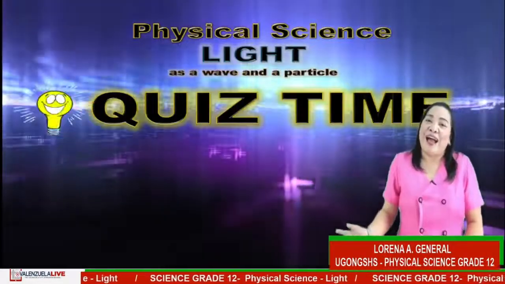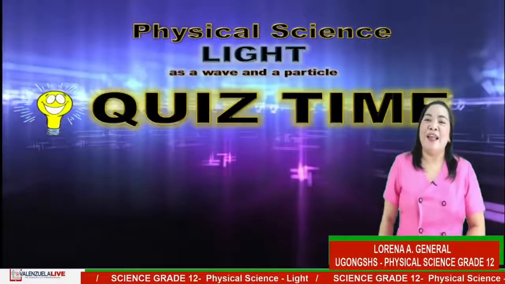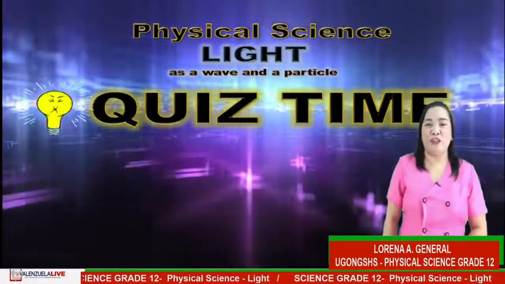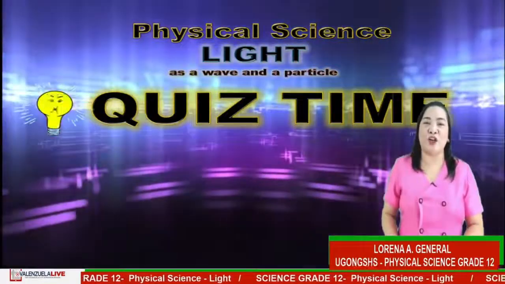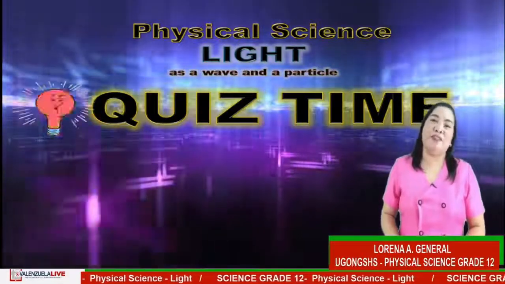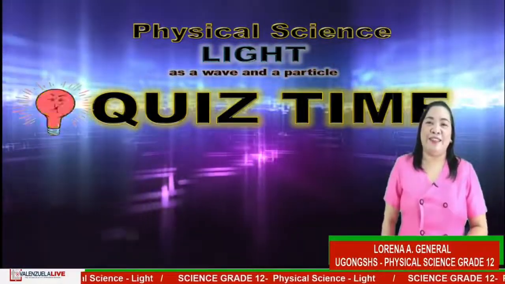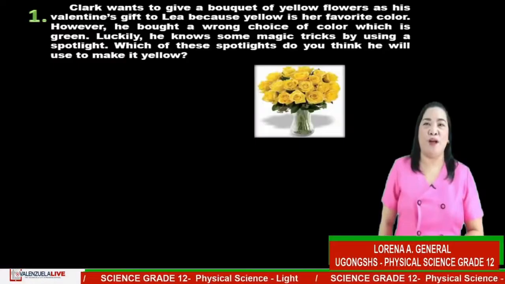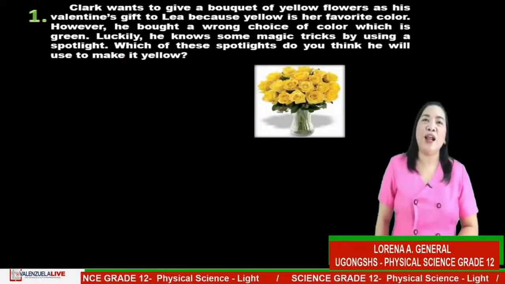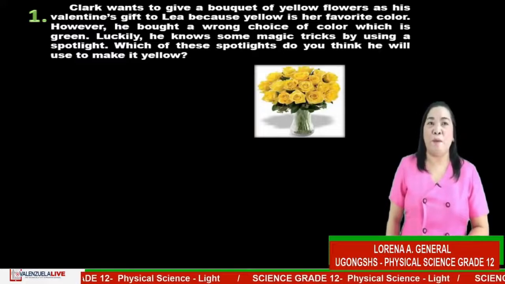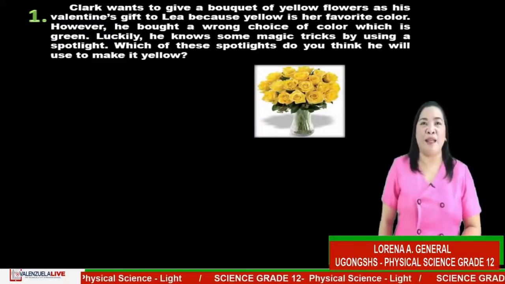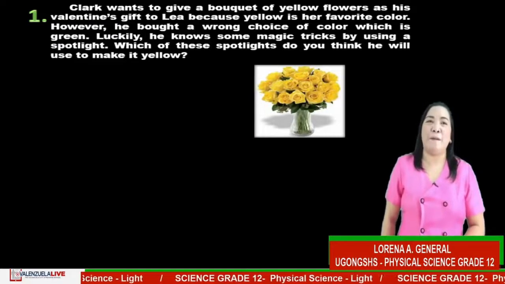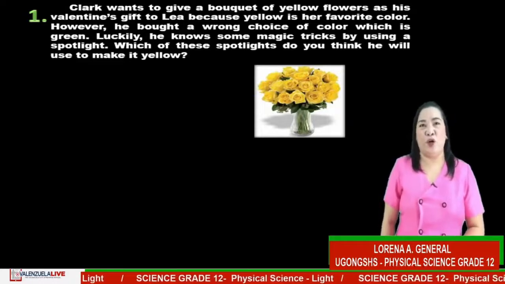There you go, guys. It's quiz time. Let's try to answer the following questions. You can type your answer in the comment box. Okay, question number 1. Clark wants to give a bouquet of yellow flowers as his Valentine's gift to Leia because yellow is her favorite color.